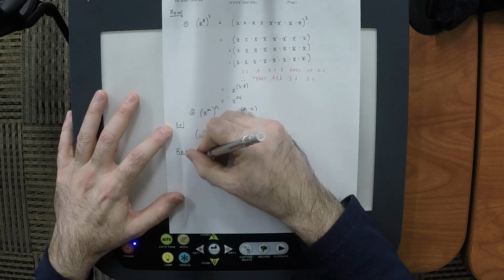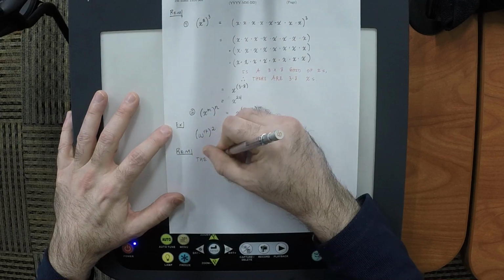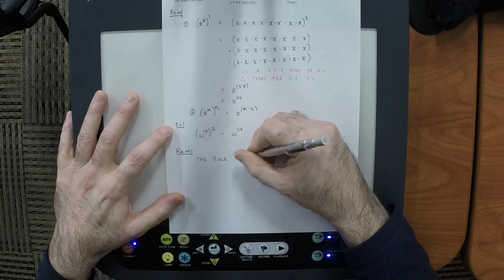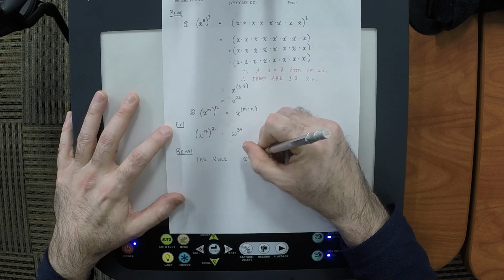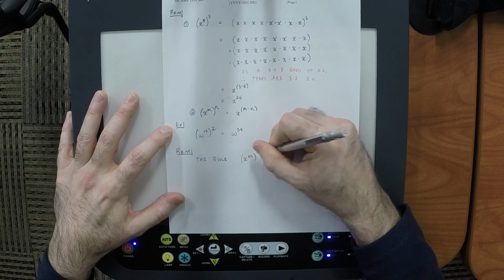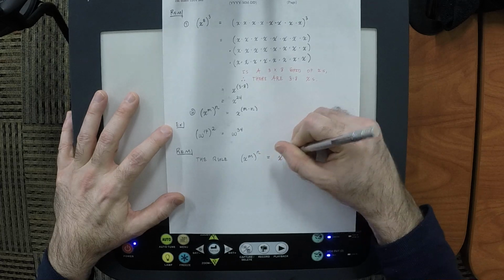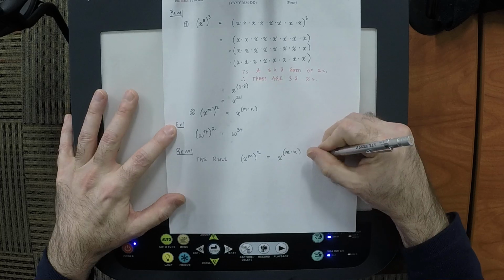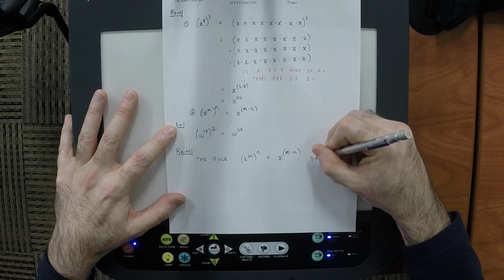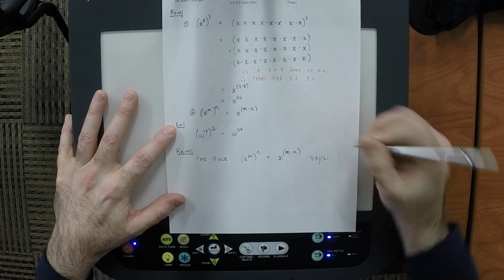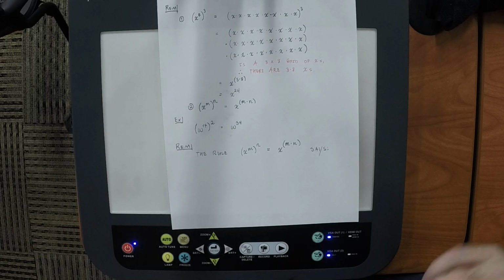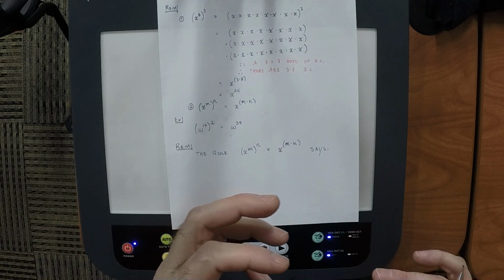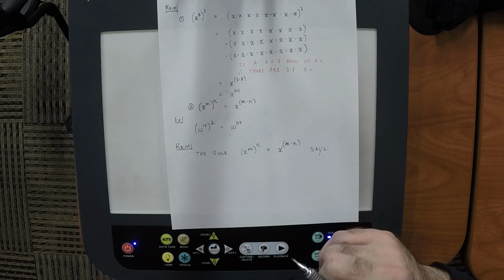So the rule x to m to n equals x to mn is saying the following. It helps to write the carets in now so that you can see exactly what's happening.